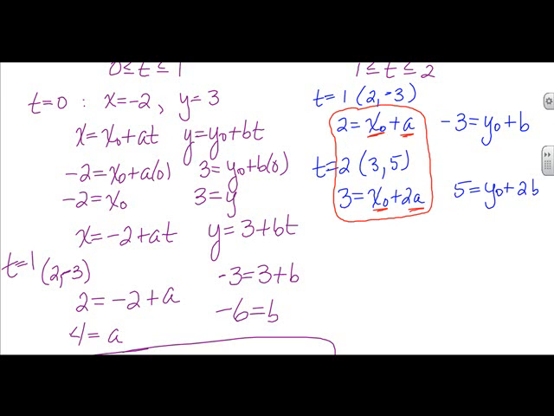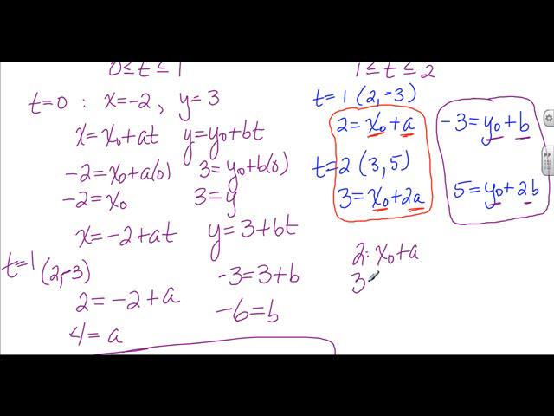So you're going to solve those systems of equations. So if you're looking at 2 equals x sub 0 plus a, and 3 equals x sub 0 plus 2a as one pair of equations that you're going to solve, and then negative 3 equals y sub 0 plus b, and 5 equals y sub 0 plus 2b as a second pair of equations.